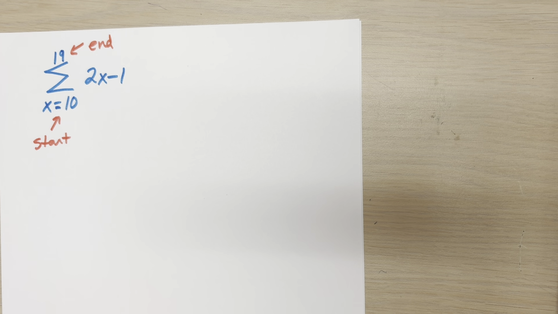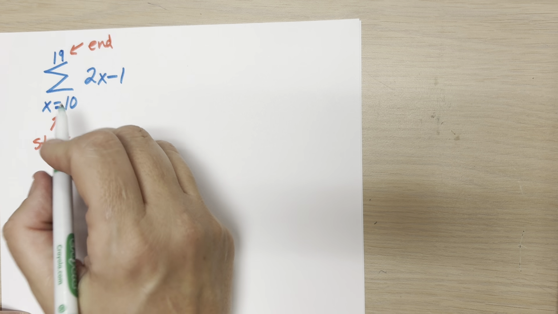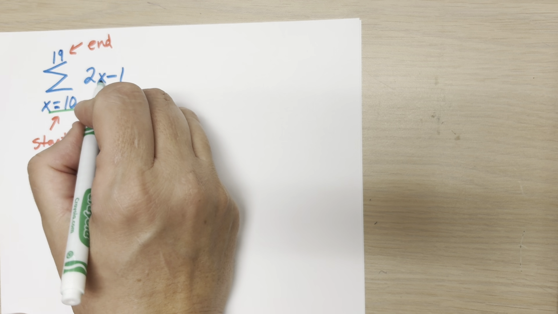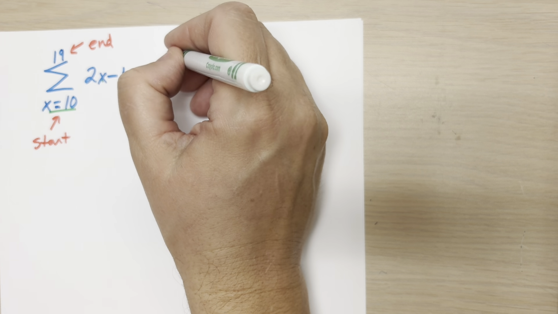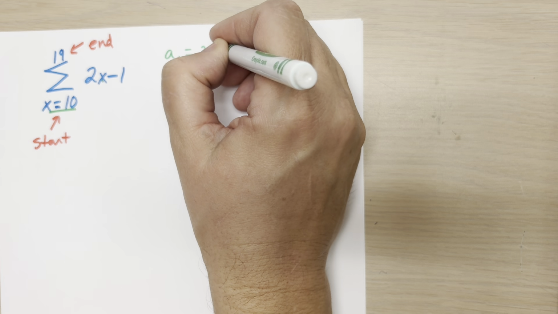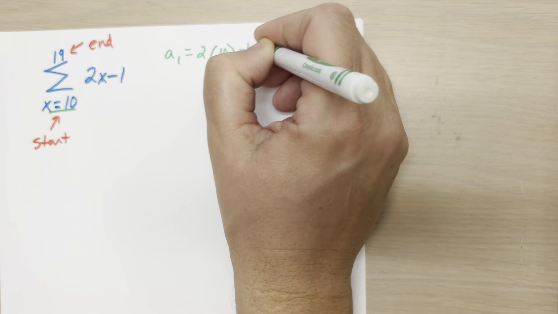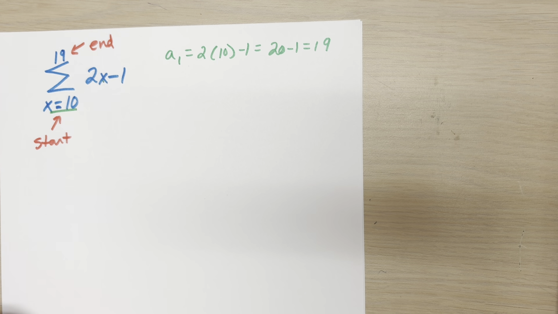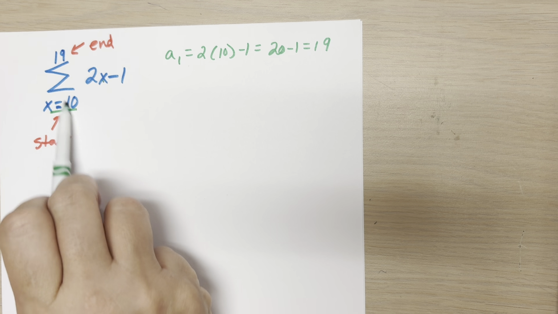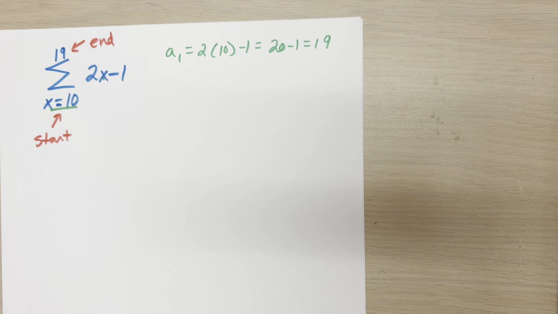So you've got to be careful with this, right? The first term is going to be when I put 10 in there. So A sub 1 is going to be 2 times 10 minus 1, 20 minus 1, 19. Now you got to be careful with 19. When you look at this, it's like a difference of 9, right?